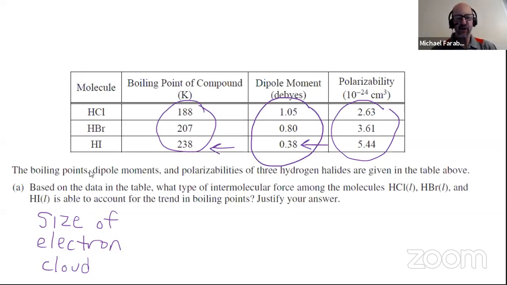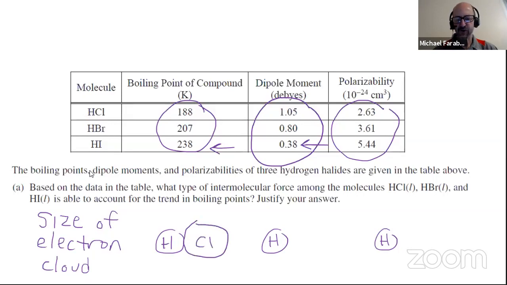The one textbook that I use in my classroom talks about the squashiness of the electron cloud, or the ability of the electron cloud to be distorted. So if I were to draw hydrogen, which is a relatively small atom, and let's say it's bonded to chlorine, I'm going to draw chlorine a little bit bigger. It has a certain polarizability.